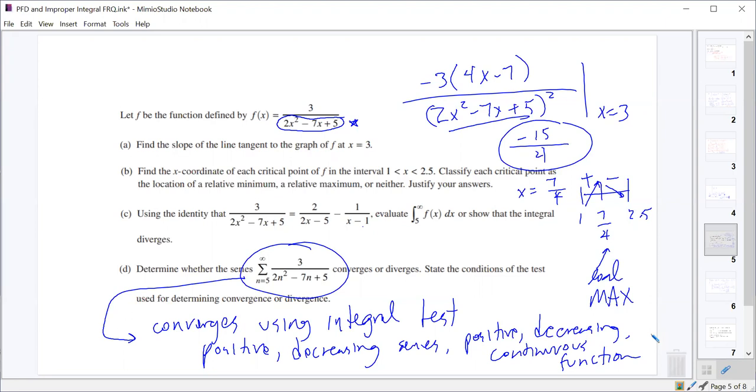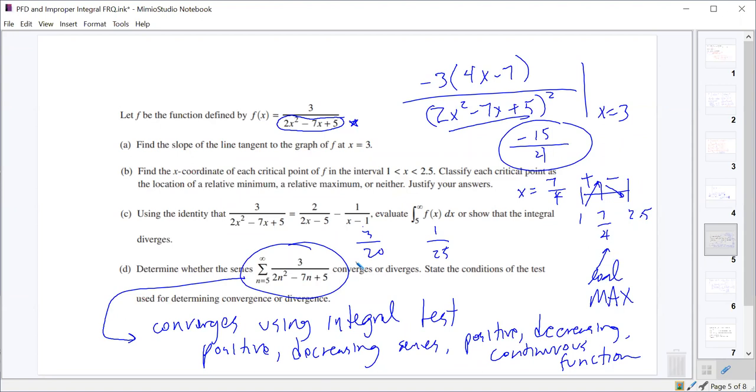So you just have to check the values. If you started at n equals 5 with 1 over n squared, you got 1 over 25. With 3 over 2n squared minus 7n plus 5, what does that come out to be? 3 over 50 minus 35 plus 5, which is 3 over 20.